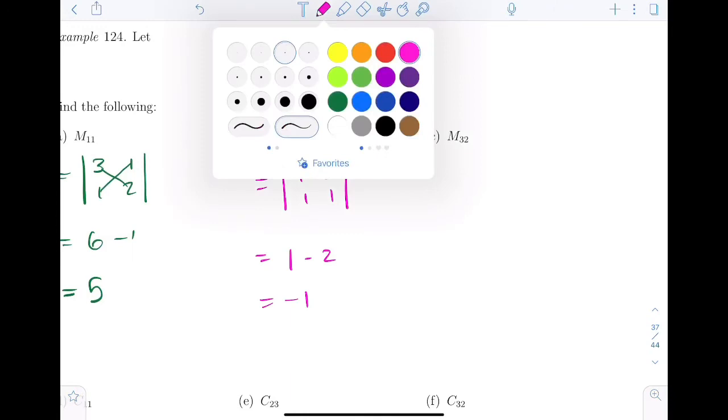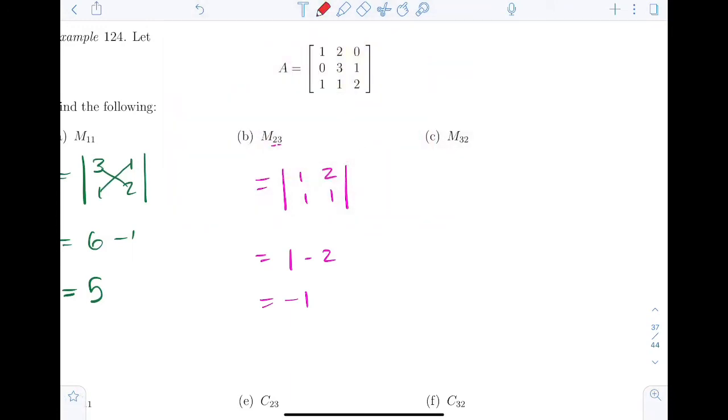Very good. One more color. M32, so third row, second column. Here's the 3,2 spot. We're going to ditch that row and that column. And I get 1, 0, 0, 1, which is 1 minus 0, which is 1.